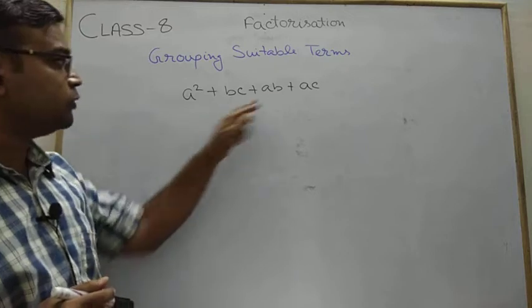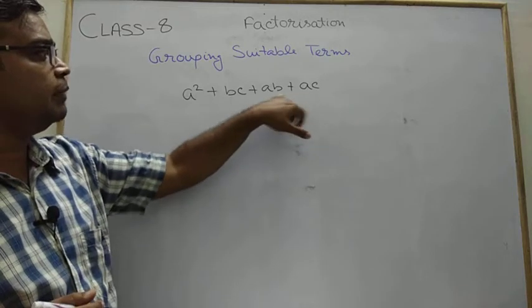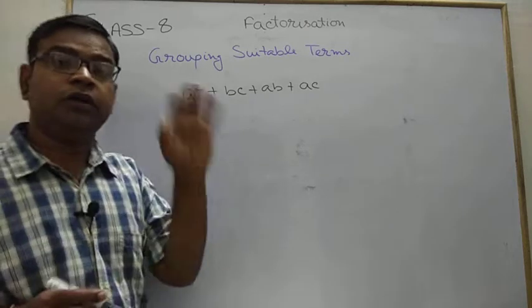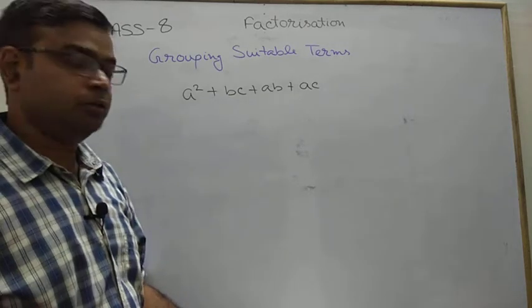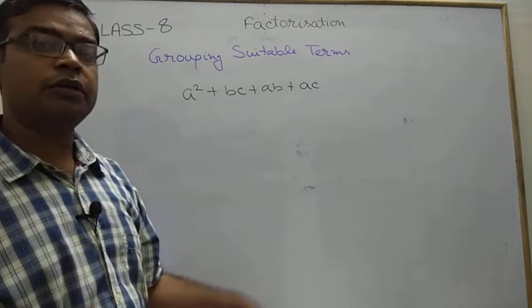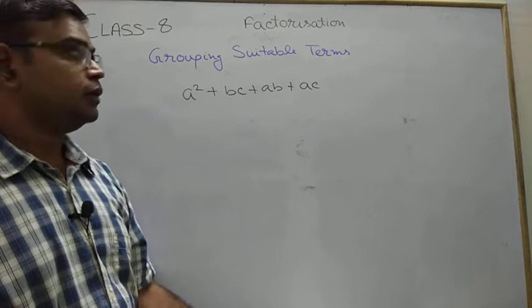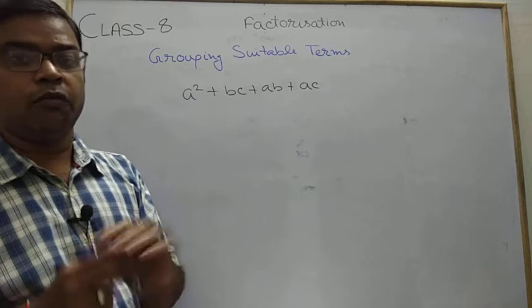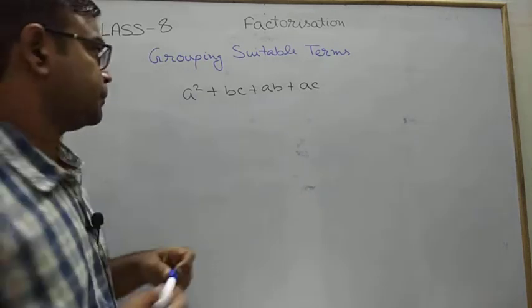If we try to take common from these two, we have a common. But what about these two? There is no common. If you are unable to understand the concept, you are unable to give me the perfect solution. So in this case, we have to arrange the expression so that we can take common easily.